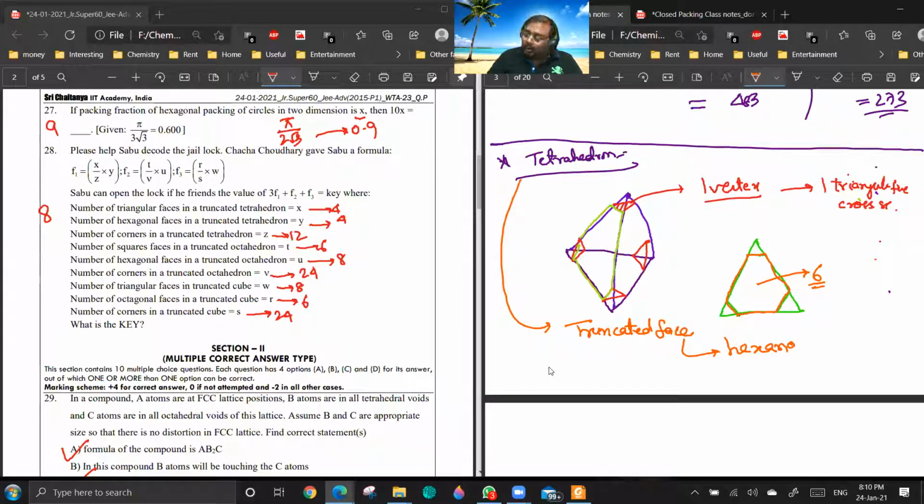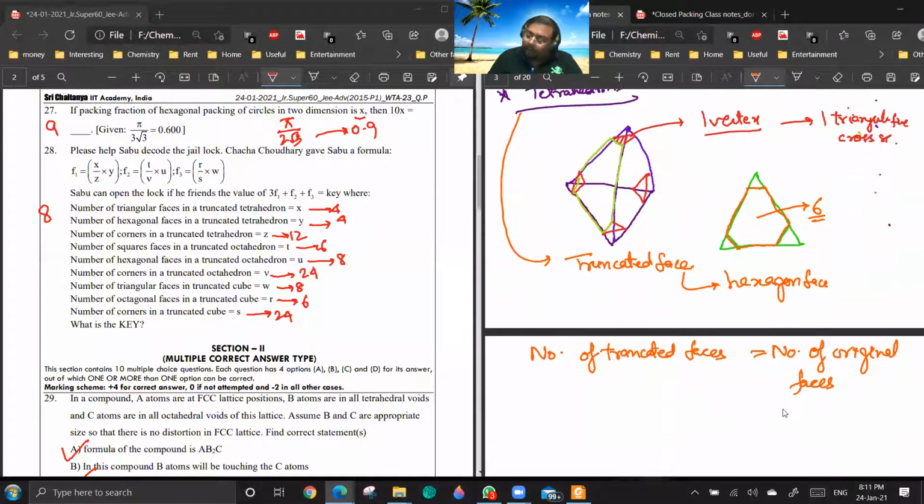Yes or no? Yes, sir. So you can always write that the number of truncated faces is equal to the number of original faces. This is the first thing.